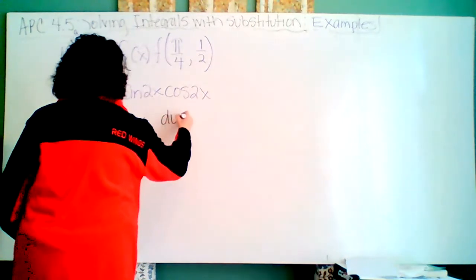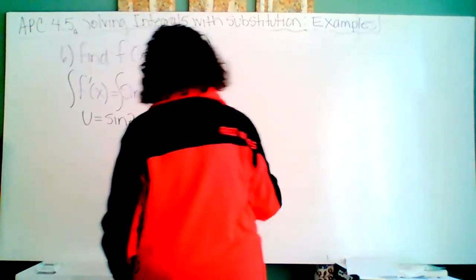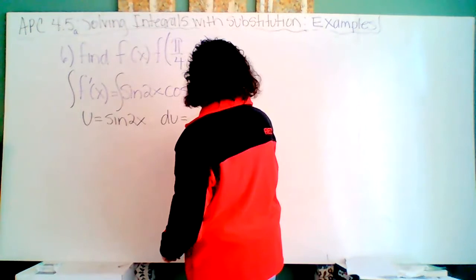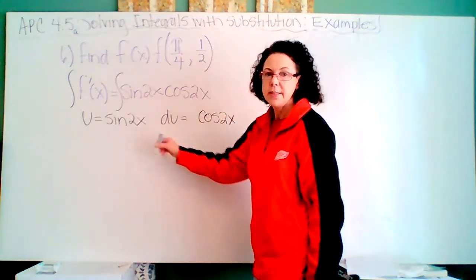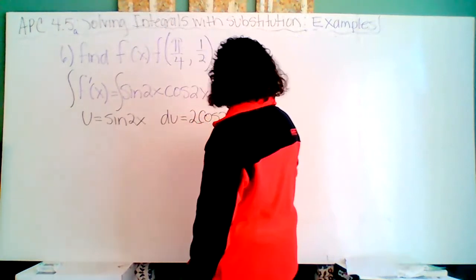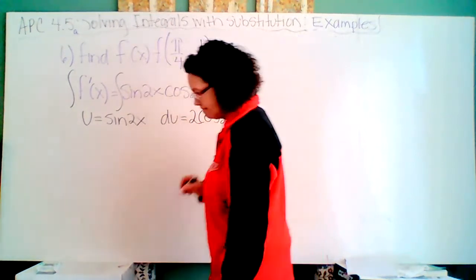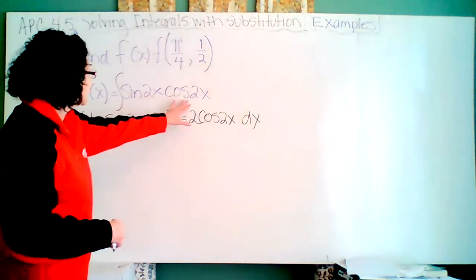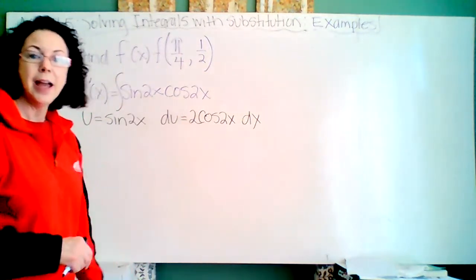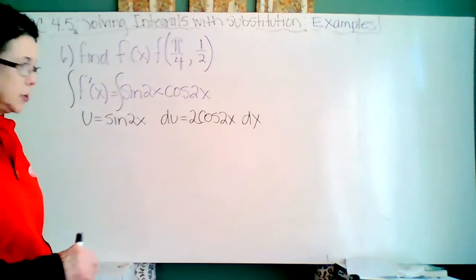Du, the derivative of sine of anything is cosine of anything, times the derivative of the inside function, which is a 2, and don't forget your dx. Okay, notice that here I see the sine of 2x and the cosine of 2x, but I do not see multiplying by a constant of 2.